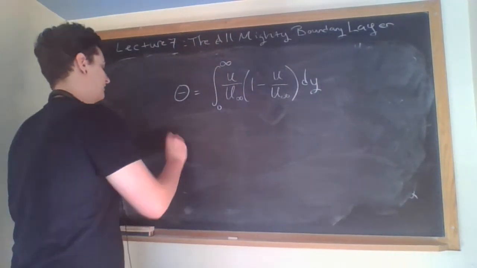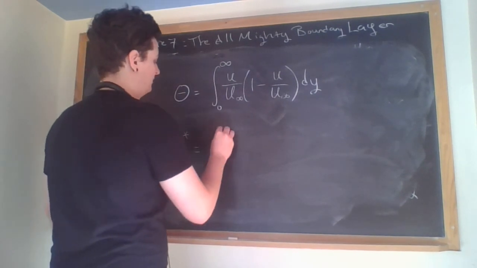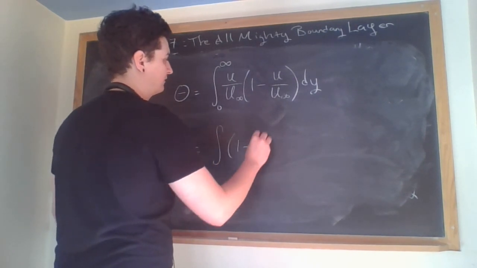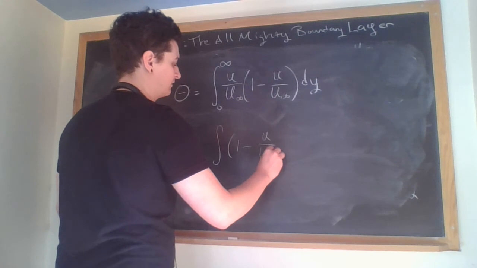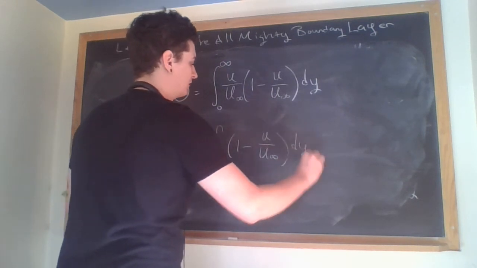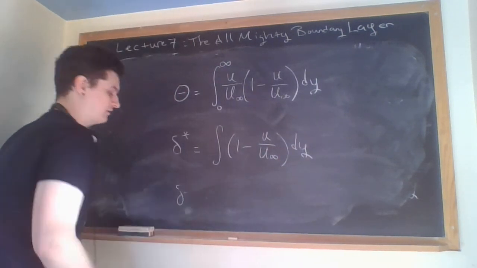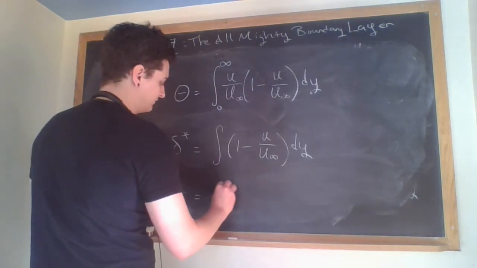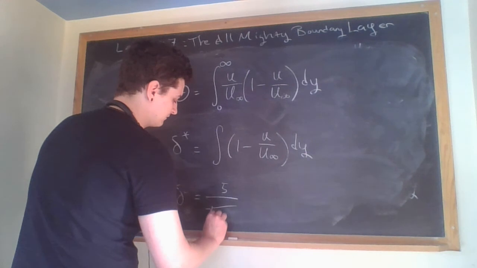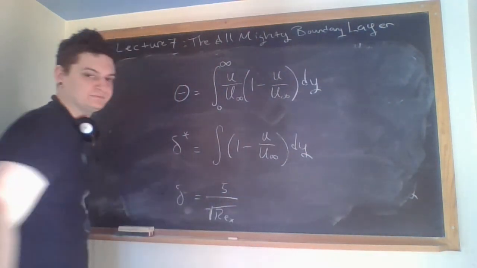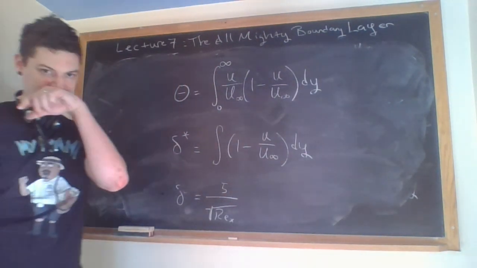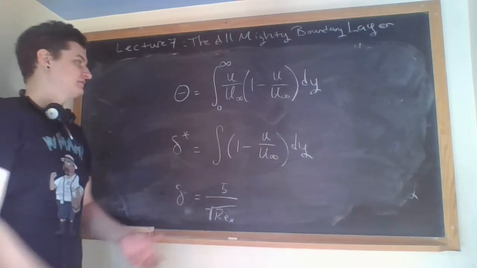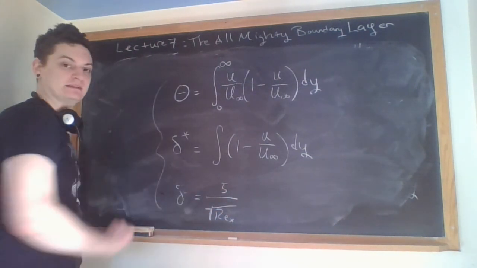So we have the momentum integral, and then we have the actual boundary layer. These are the 3 main quantities of boundary layer theory.